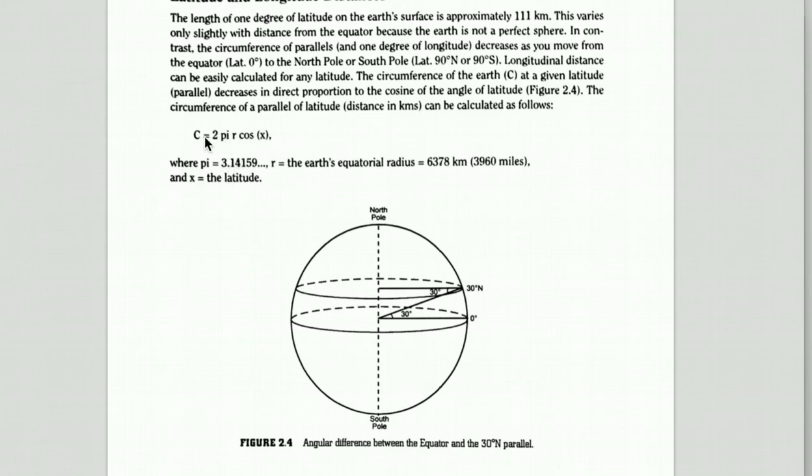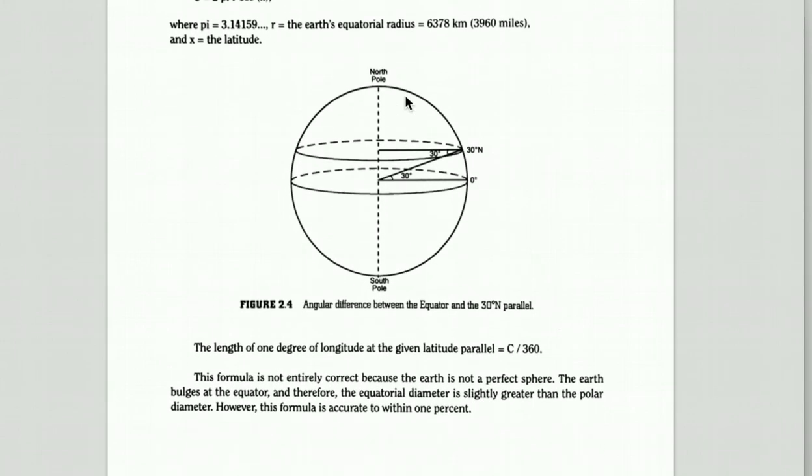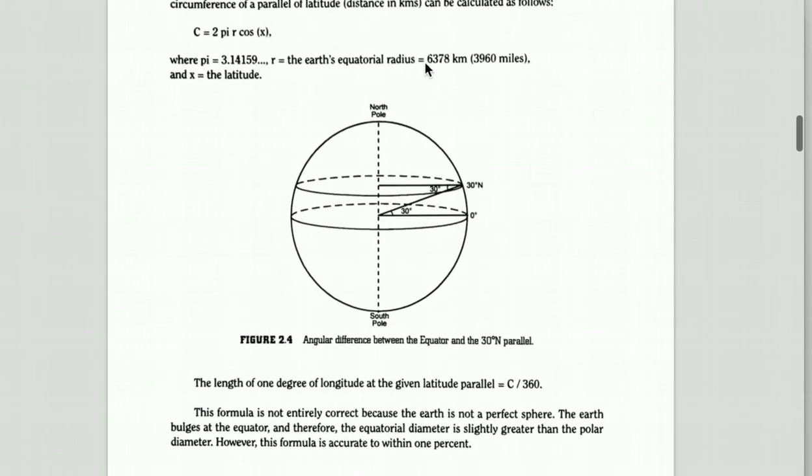So go ahead and write next to it 2 times 3.14, and it's going to be times r, which is the Earth's equatorial radius, which equals 6,376 kilometers, or if you're doing miles, 3,960 miles. And x is going to be your latitude. So you've already got a lot of that, so you can go ahead and put it in.